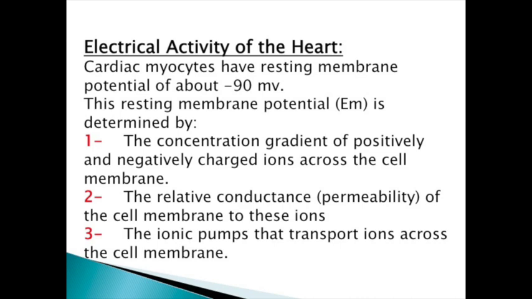Sodium is always out and potassium is in. Number two, the relative conductance or permeability of the cell membrane to these ions. As you may remember, maybe forever, the permeability during rest to potassium is much higher than the permeability for sodium.